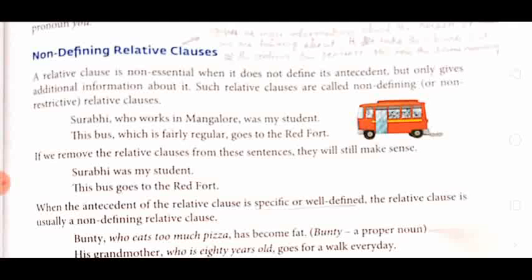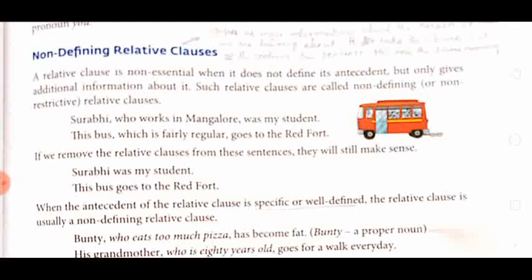You may underline it, because it is important to know which type of relative clause can be considered non-defining, which gives only additional information not needed to define its antecedent. Such a relative clause is called a non-defining or non-restrictive relative clause.